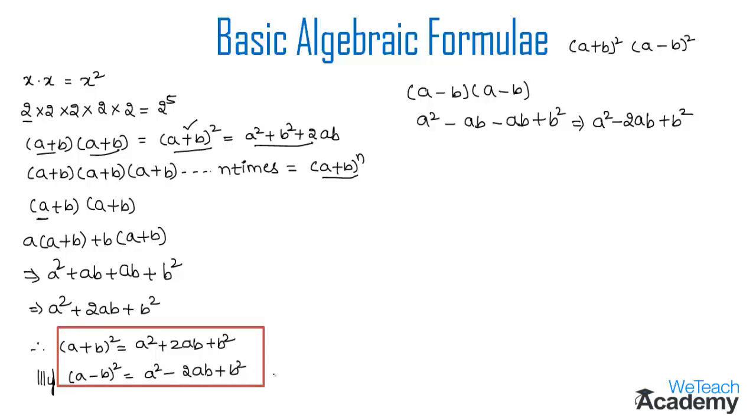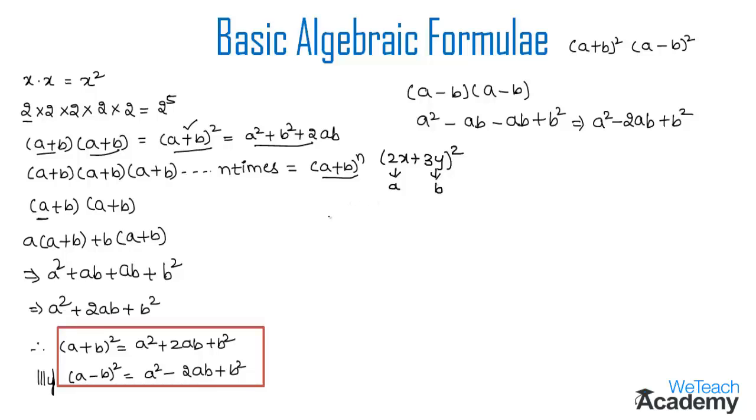Now let us consider a few examples. Here we have to find the expansion of 2x plus 3y whole square. We observe that this is in the form of the formula a plus b whole square, and by comparing we get the values of a as 2x and b as 3y.